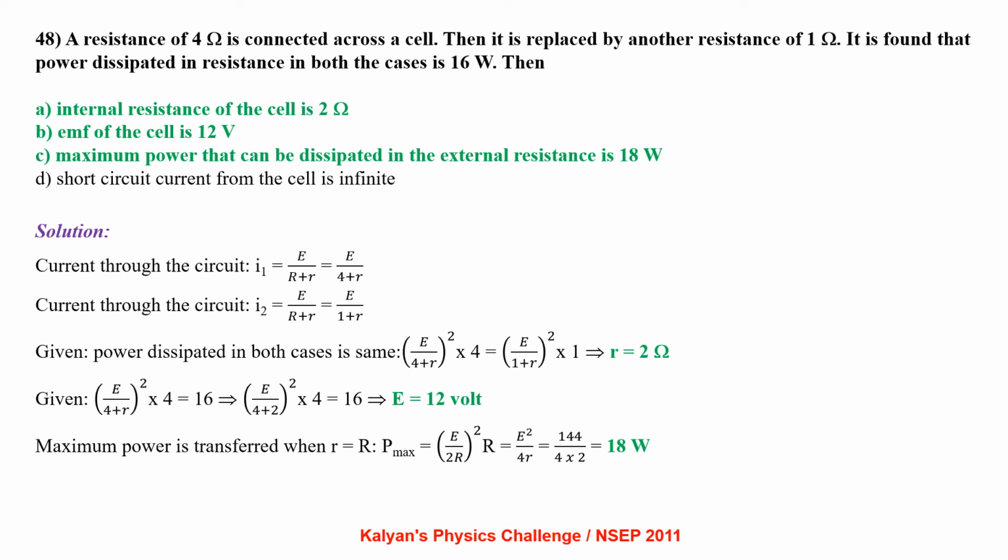Now according to the given condition, (E/(4 + r))² × 4 = 16, from which we have E = 12 volt. Maximum power is transferred when internal resistance of the circuit equals external resistance. So P max = E²/(4R²) × R, that is 18 watt.